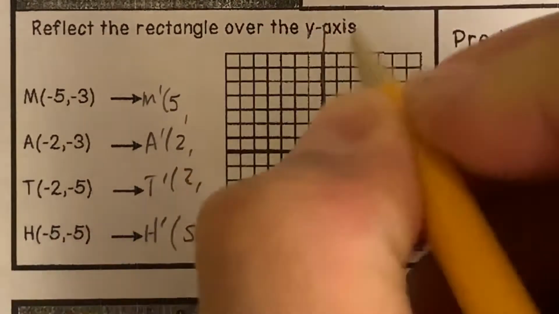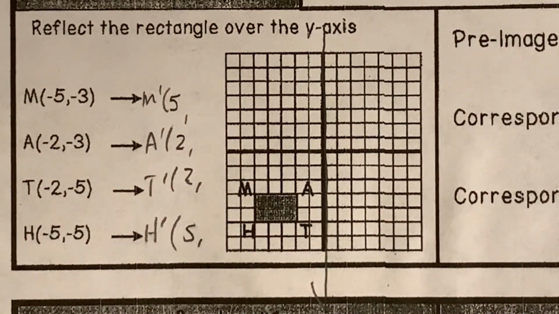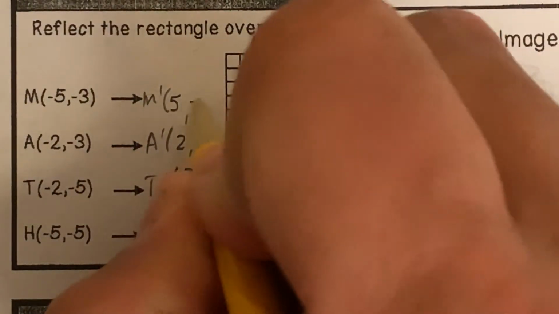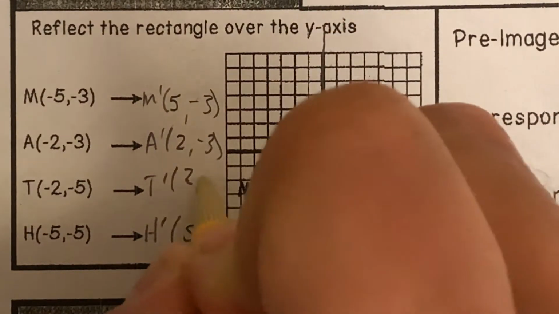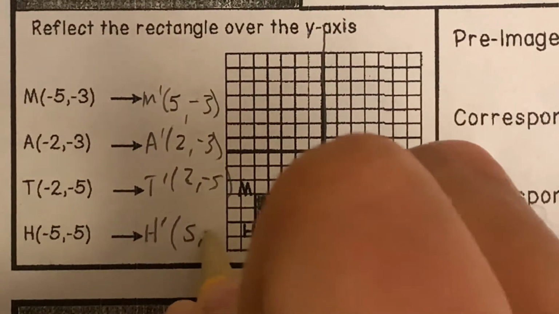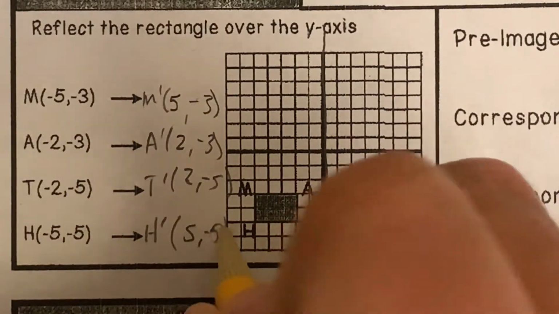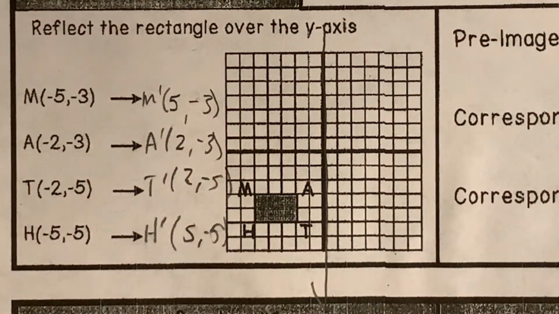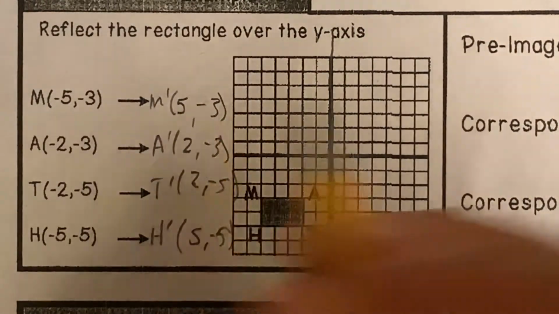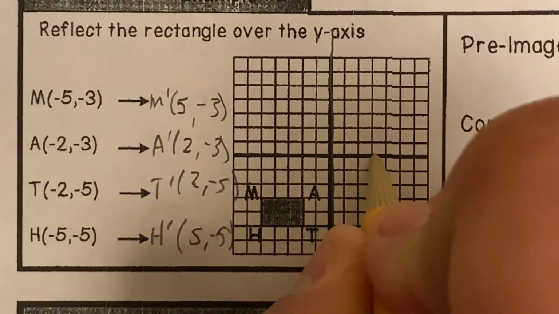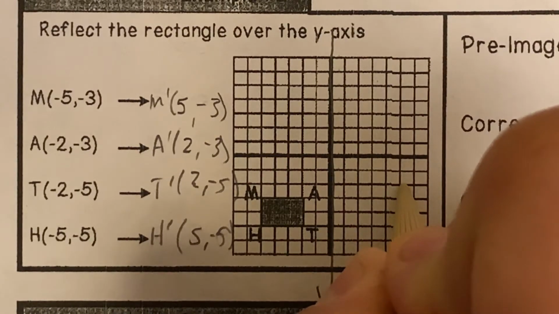The other coordinates stay the same, whatever they are. So these are -3, -3, -5, and -5. Sorry for how small it is. It is hard for me to write that small. Now let's graph that. The first one is 5, -3, so 5 over, 3 down, right here.